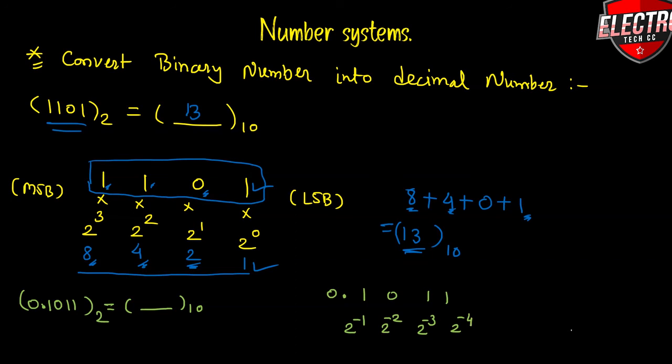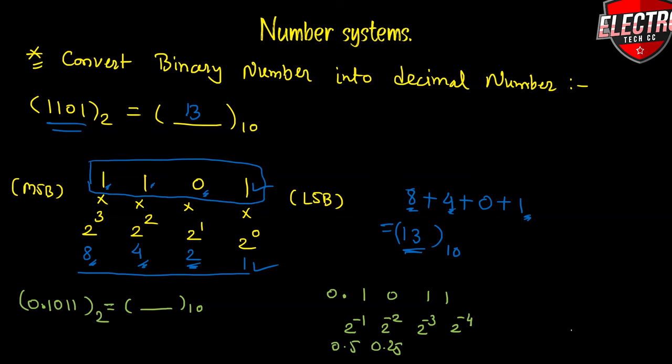2 raised to minus 1 indicates 0.5. Next one, 2 raised to minus 2, that means 1 divided by 4, so 1 divided by 4 indicates 0.25.